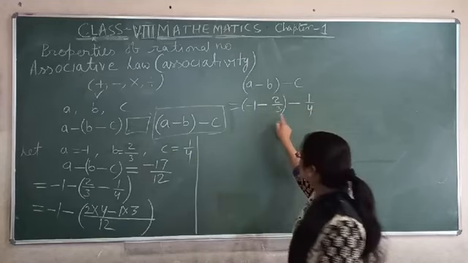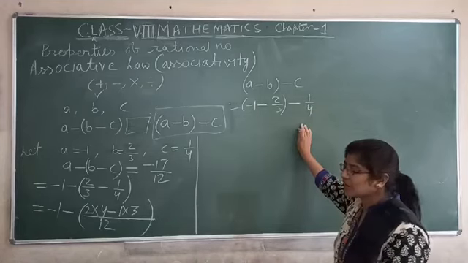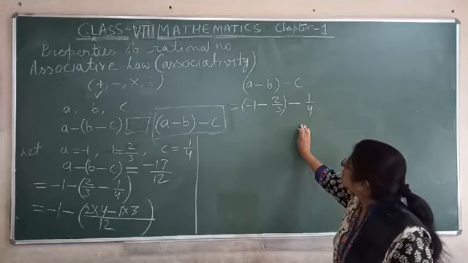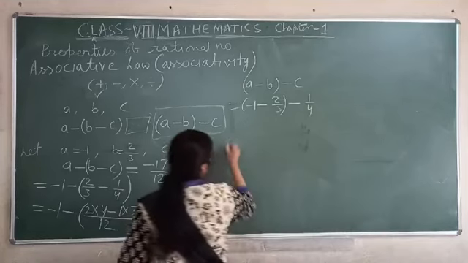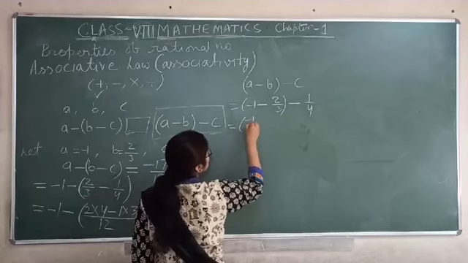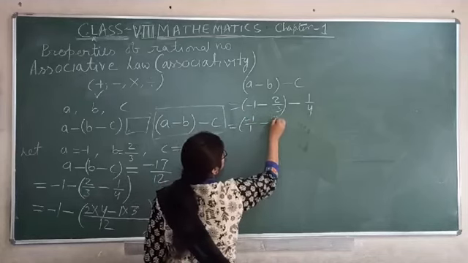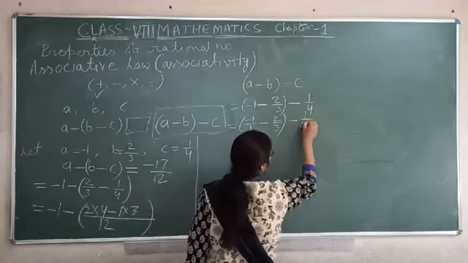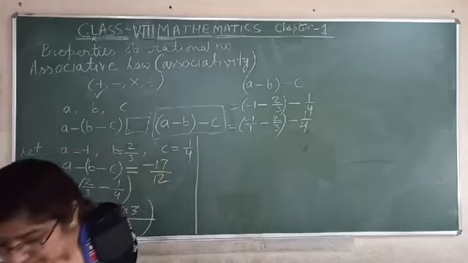So within bracket these two rational numbers we have, and first we will calculate them. We can write minus 1 upon 1 minus 2 by 3, bracket close, minus 1 by 4.